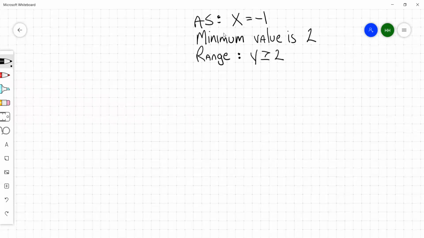We're going to do the same thing this time for y equals negative 2x squared plus 2x minus 5.